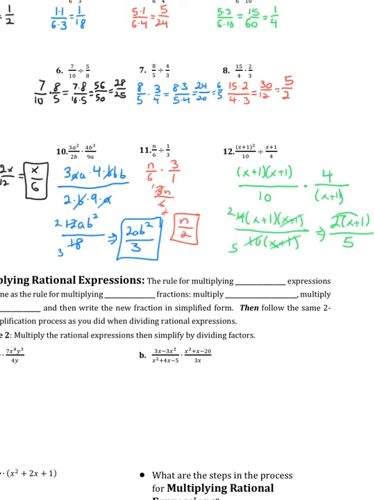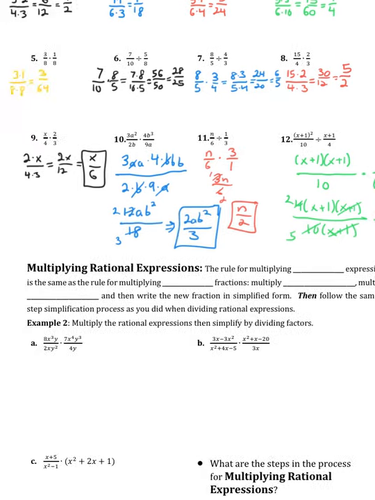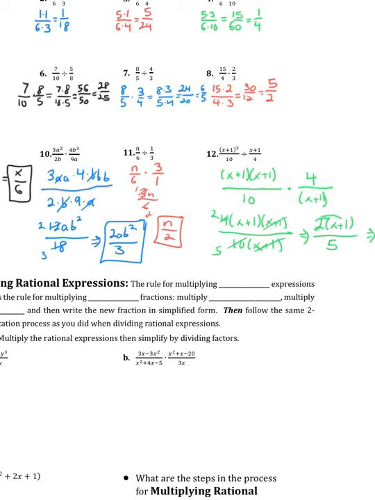So when we're talking about multiplying rational expressions, the rule for multiplying rational expressions is the same rule for multiplying numerical fractions.